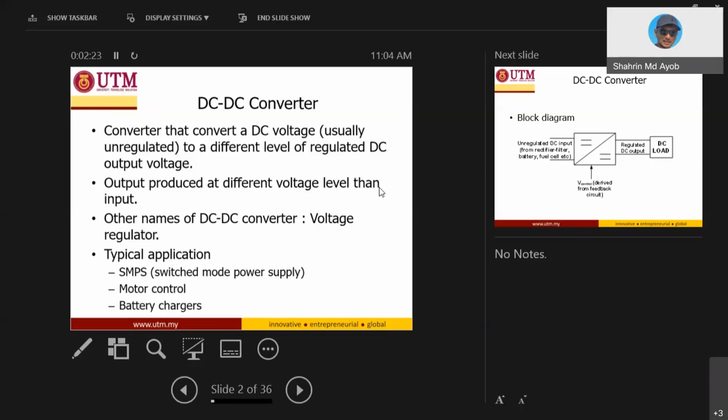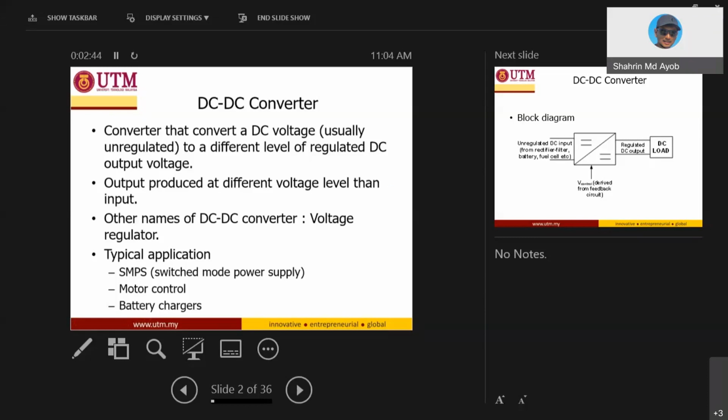The other name of the DC converter is the voltage regulator. I think you may know about the voltage regulator during your electronics subject. Have you heard about voltage regulator?